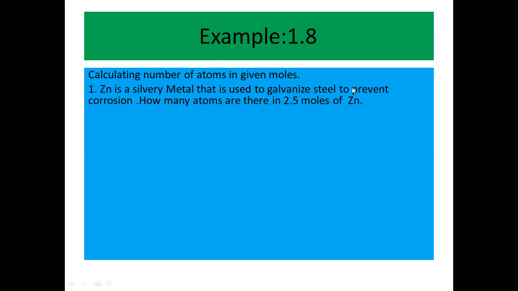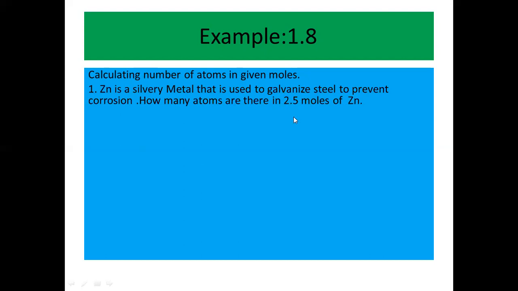To prevent steel or iron from rusting, it is plated with zinc, a zinc coating. How many atoms are there in 2.5 moles of zinc?